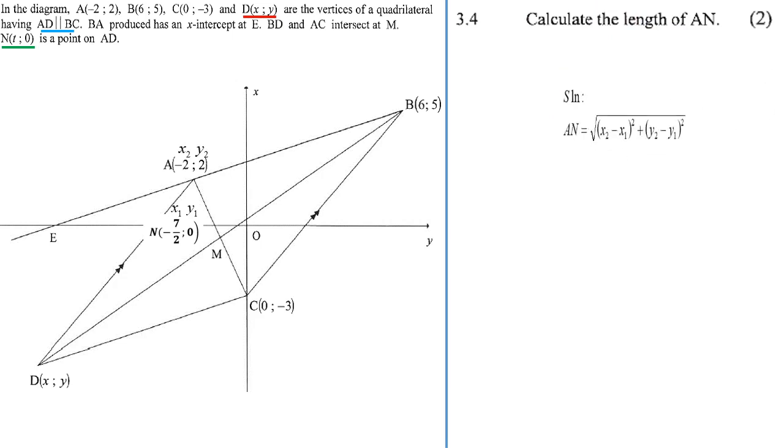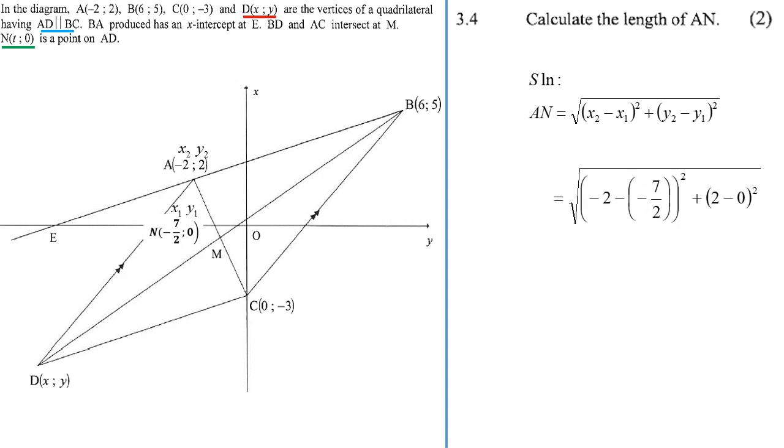Write down the correct formula, then substitute accordingly and play your maths. You just use your calculator there. This is the substitution. You get x2 is -2, and -7 divided by 2 is your x1, y2 is 2, and y1 is 0.